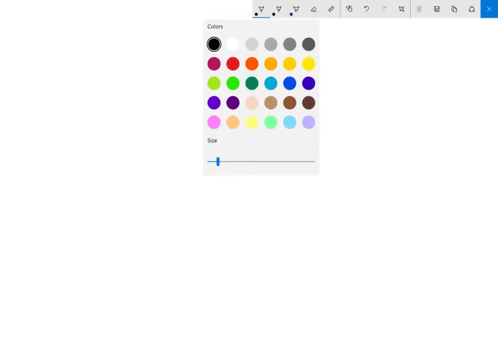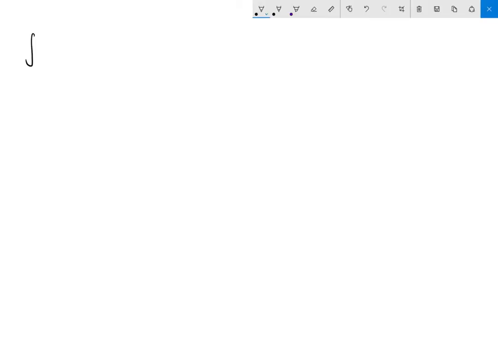So within this, we're going to write 8 cubed sine theta squared cos theta, and this will be 8 times the square root of 1 minus sine, sorry my bad, 1 minus sine theta squared d theta.